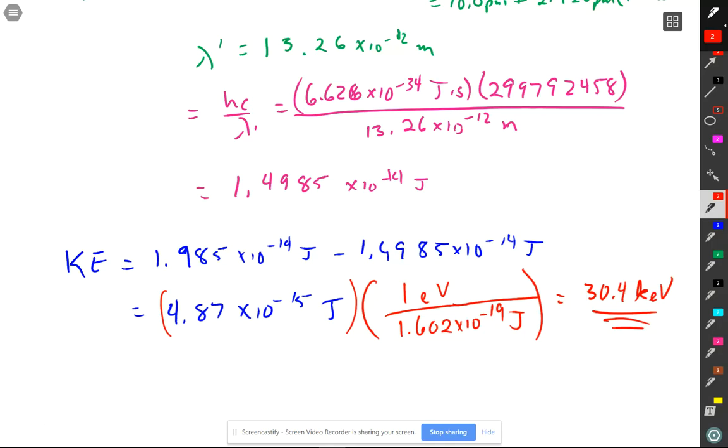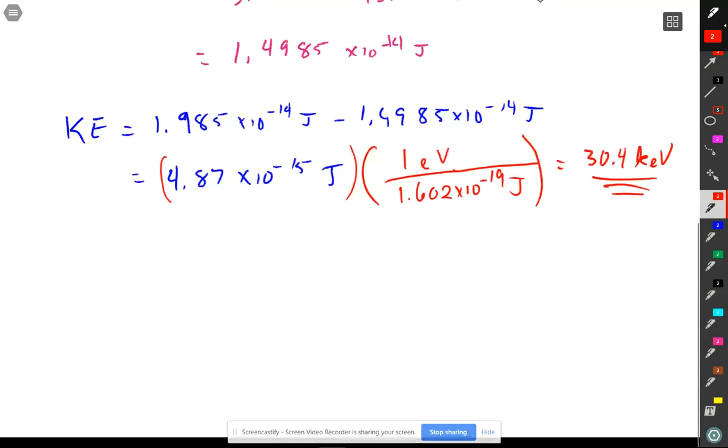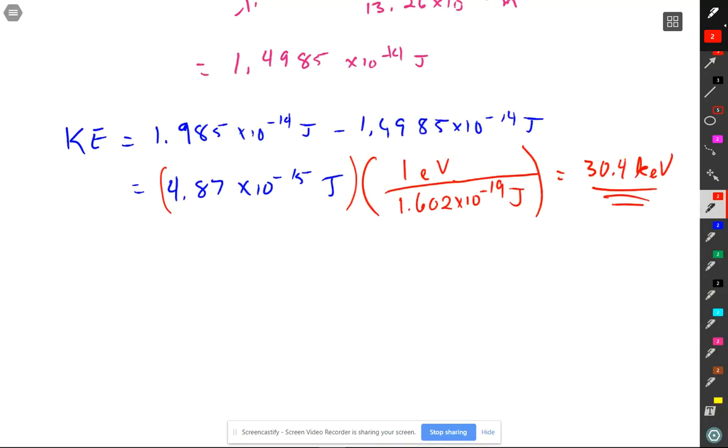Now, I'm not going to do the final calculation to calculate what the speed is, but we could calculate gamma in two blinks of an eye. We can calculate gamma because we know the rest energy of an electron is 511 kiloelectron volts.